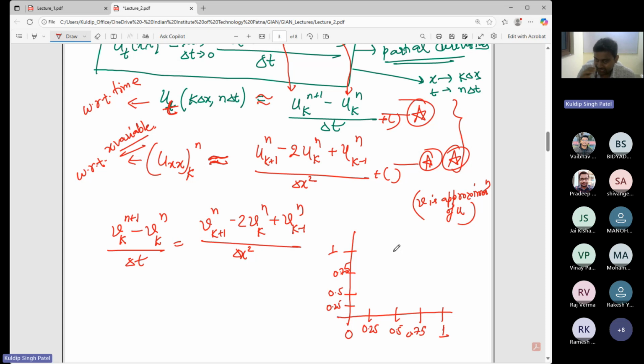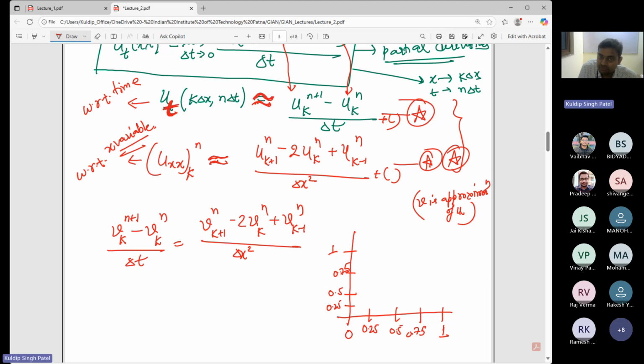What we realized is that v is here an approximation of u. Basically, you want to compute an approximation of u_t, so it is not equal to.